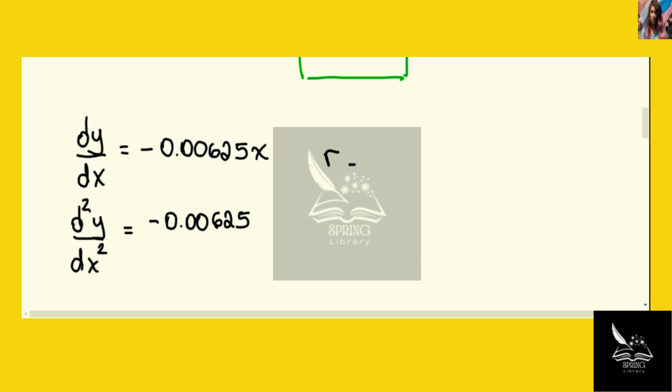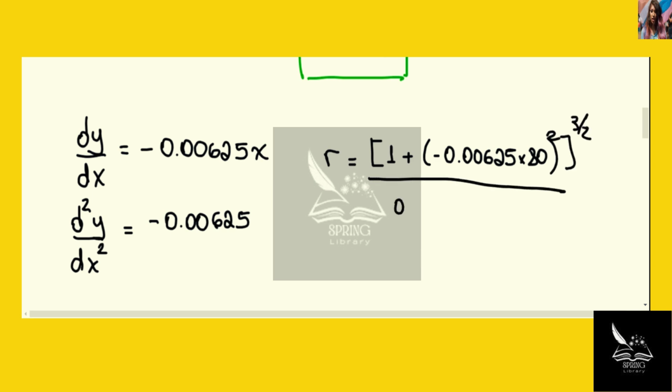So we want to find r, and that is 1 plus minus 0.00625 times 80, squared, to the 3 halves, divided by 0.00625. So r is equal to 223.6 meters.